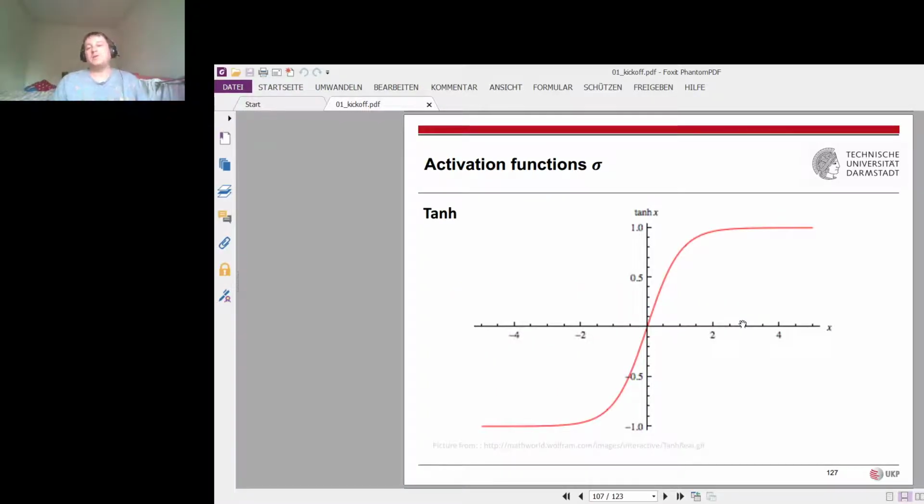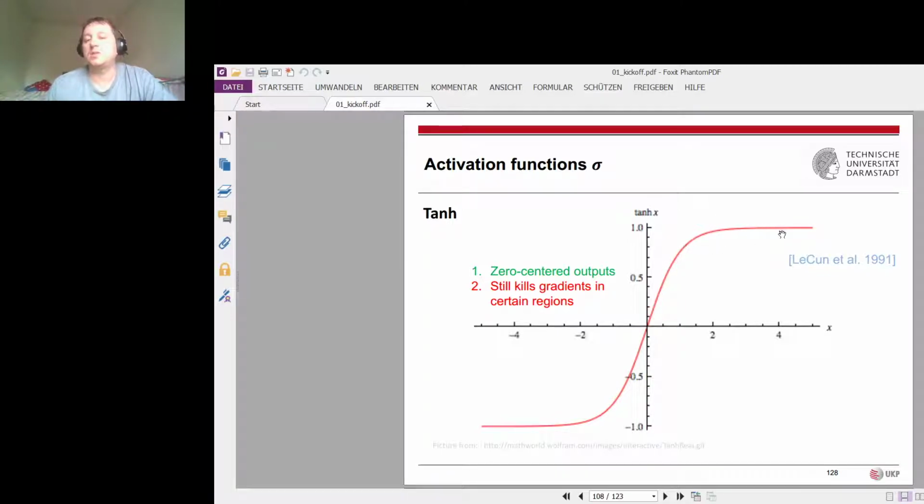As a replacement for the sigmoid function, the tanh function, tangens hyperbolicus, has been introduced, and this looks very close to the sigmoid function. It has the same form. It goes from -1 to +1, and therefore you see it's actually zero-centered, right? So it has zero-centered outputs, but it still kills the gradients in a certain region.